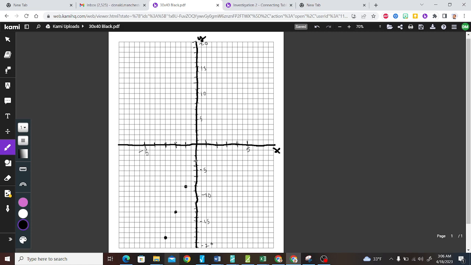And then 0 and -3. 1 and 2. 2 and 7. 3 and 12. 4 and 17. And then I'm going to be off the graph. I can't draw 5 and 22. But if we look, we've got a line.